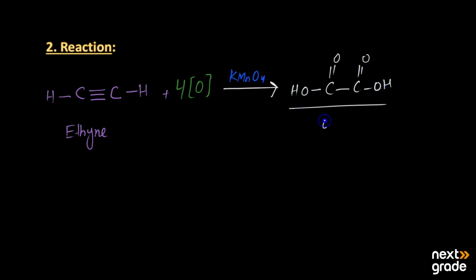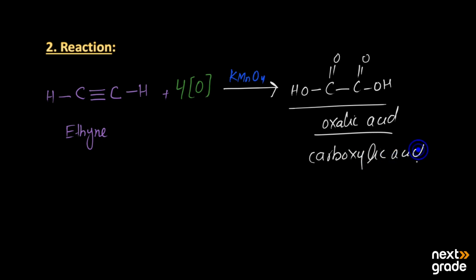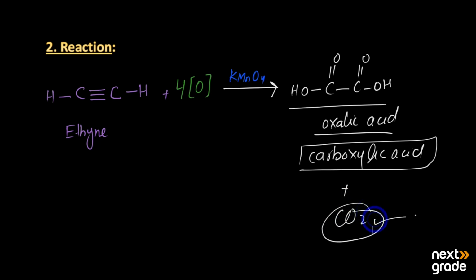This product is oxalic acid, and oxalic acid is a carboxylic acid, along with the production of carbon dioxide as a side product. So this is a simple reaction of ethyne with oxygen, known as oxidation with KMnO4.